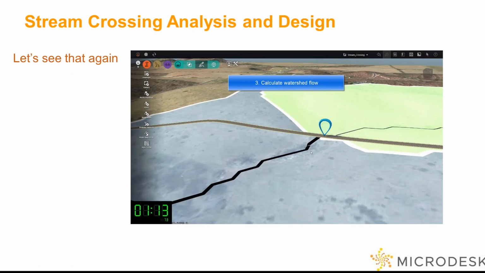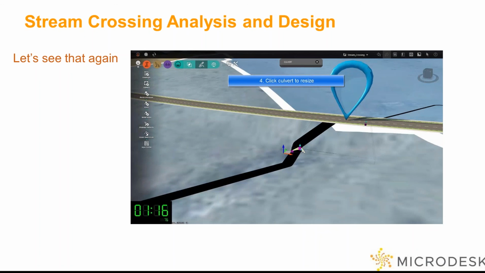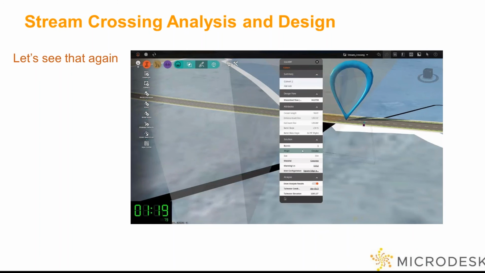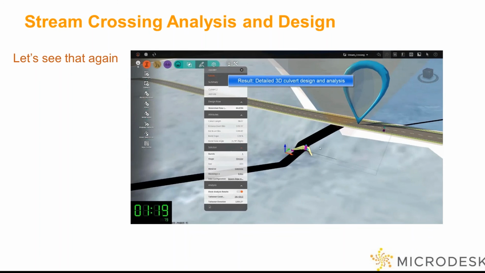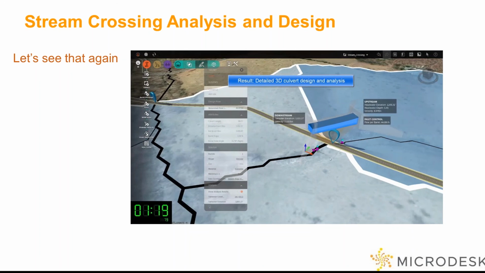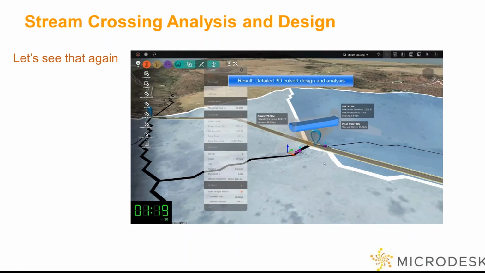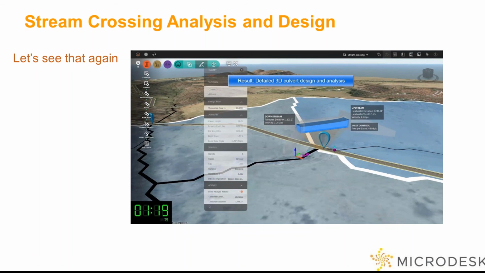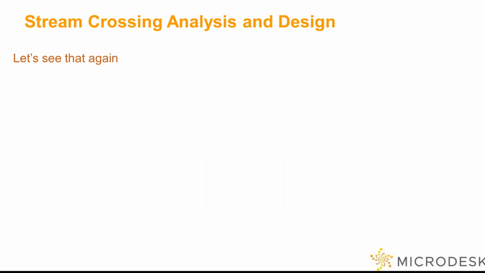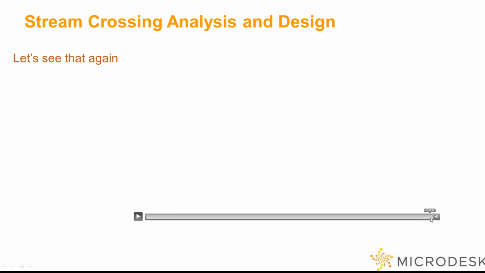We need to place our location and the type of calculation we want to use for the analysis, and let it run the analysis. And again, at that point, all you have to really do is simply click on that pipe, and it will resize the pipe with the capacity. And one of the nice things that you can see right here on the screen now is you actually get a nice 3D exhibit or representation, if you will, of what the final output was on this.